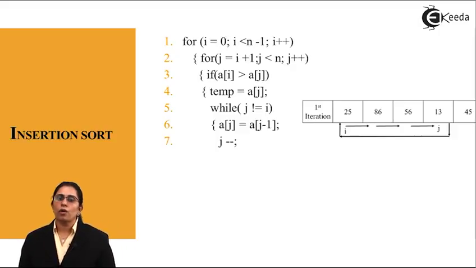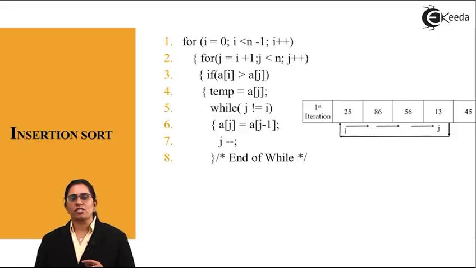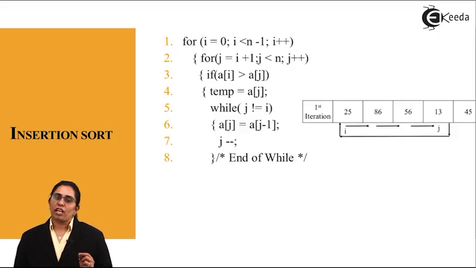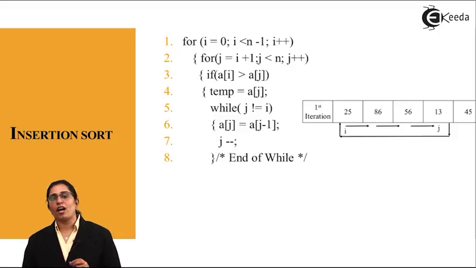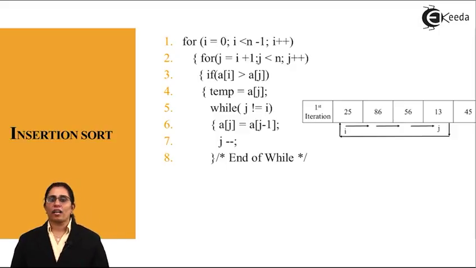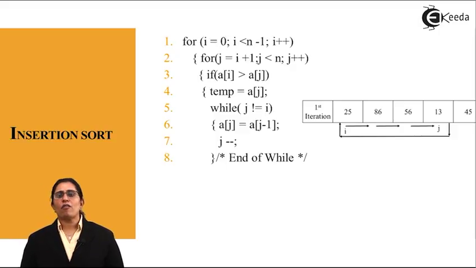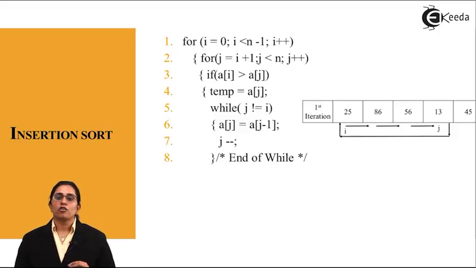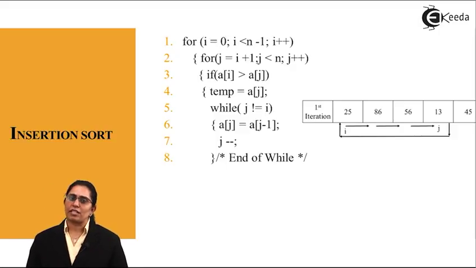It will go up to the end of the while loop now. J has a value of 2, I has a value of 0, which is still not equal. So it will again come back into the loop, and a of j at a location of 2 will have the value of a of j minus 1, which is at a location of 1. So 86 moves to 56.